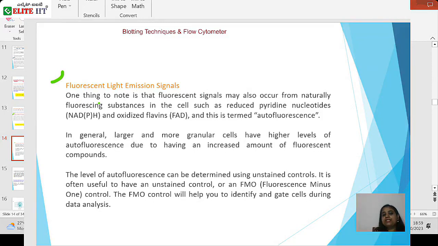In this case, if you are identifying an antigen, you have added an antibody and you have added a fluorescent compound with the antibody. We have to detect that, nothing else.